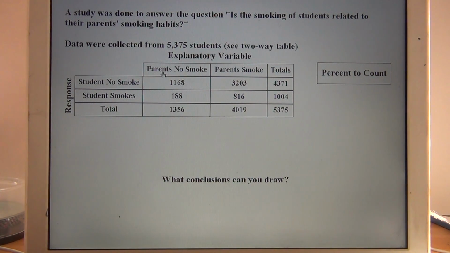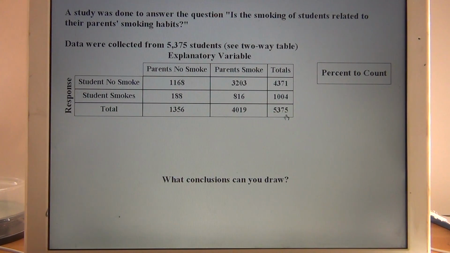So here's parents. This column represents parents who did not smoke. This column represents parents who did smoke. This row, the response variable, represents students who did not smoke. This row represents students who did smoke. And these are the totals.